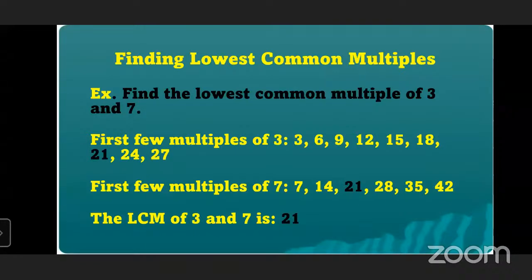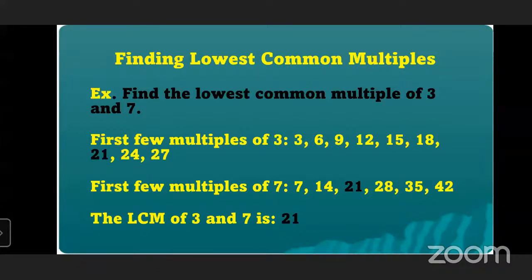The example is: find the lowest common multiple of 3 and 7. It means find the LCM of 3 and 7. Now what we have to do is check the first few multiples of 3 and 7. The multiples of 3 are the numbers which come in the table of 3.